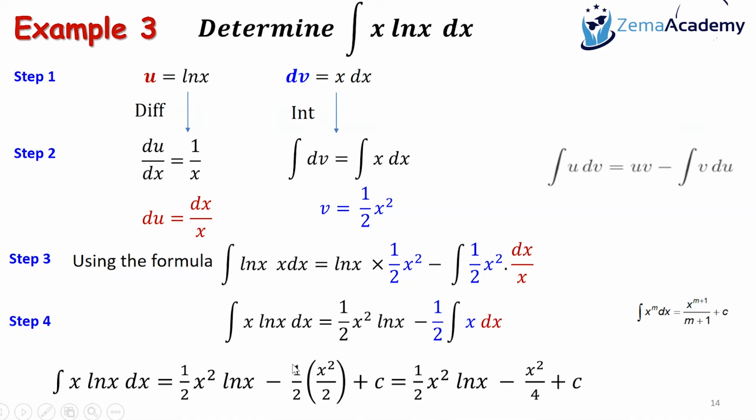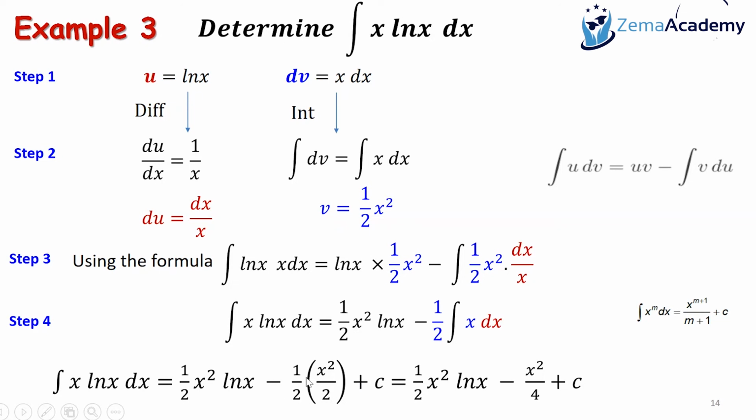If you can see over here, half x squared log x over here, minus half, this half is written over here, and the answer to this integral x dx using the same formula is x squared by 2 plus c, because we are solving the indefinite integral.